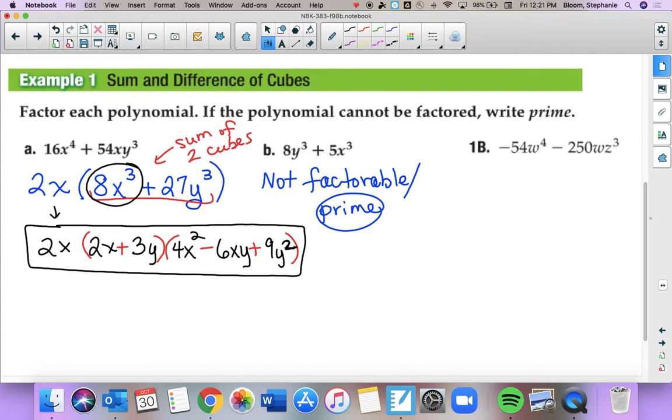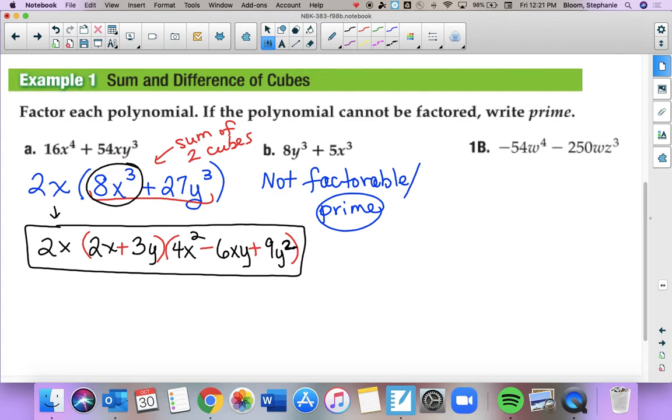Okay, let's try B. Is there anything we could take out to get started? Yes? What do you see? A 2? Is there anything higher than a 2? Is that the highest? Yeah? 6 doesn't go into 250, I assume? Okay.